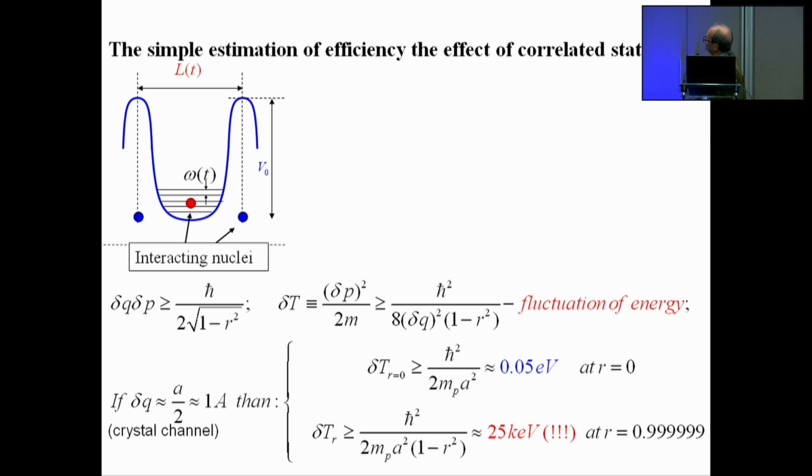For an uncorrelated state, for example, if we have a typical potential well half-distance of 1 angstrom, the fluctuation of energy is very small, about 50 milli-electron volts. But if we have a coefficient of correlation of such a value, which is a realistic value, the fluctuation of energy will be 25 kilo-electron volts. It is a very, very important factor.